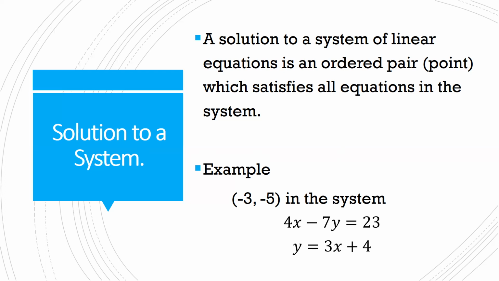So a solution to a system of linear equations is a point which satisfies all the equations in the system. Now, in our example of 4x minus 7y equals 23 and y equals 3x plus 4, it turns out that negative 3 comma negative 5 is a solution to that system.